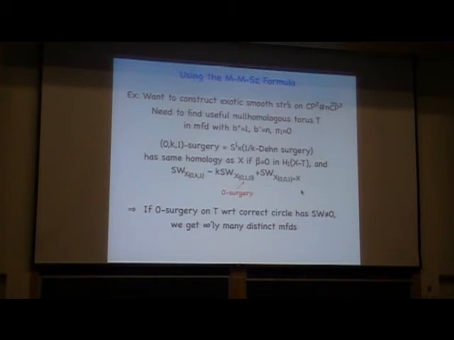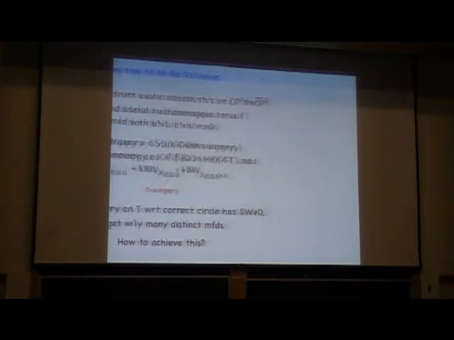Now they might not all be homeomorphic because we still have to check pi 1, but they'd be different manifolds with the same homology. So the question is, how do you achieve this? How can you make sure that when you do 0 surgery on this curve, you get a manifold with non-trivial Seiberg-Witten invariant?